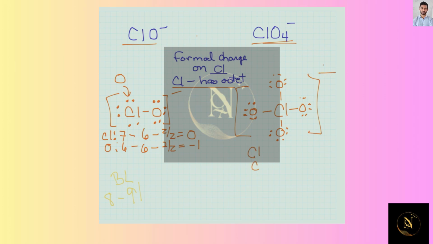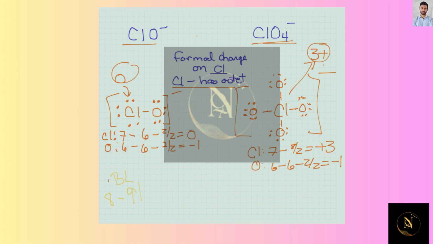And again, each one of our oxygens is going to be the same. 6 minus 2 over 2 equals a minus 1. And our chlorine, which has 7 valence electrons, has 2, 4, 6, 8. 8 divided by 2 for a formal charge of 3 plus. Those are our two formal charges.